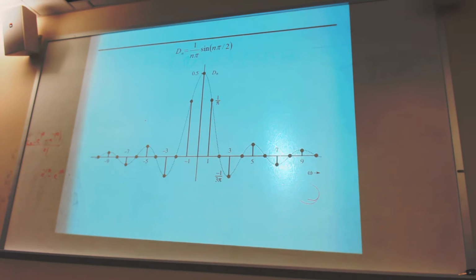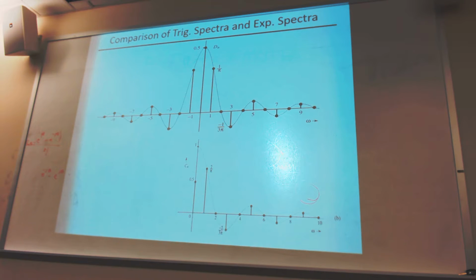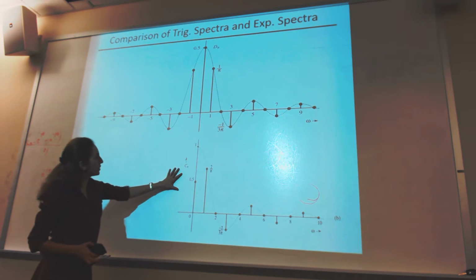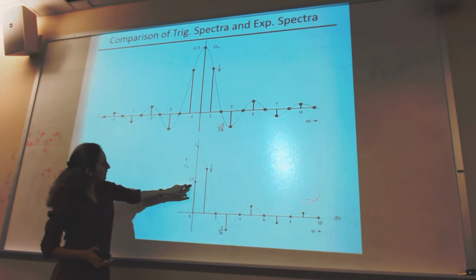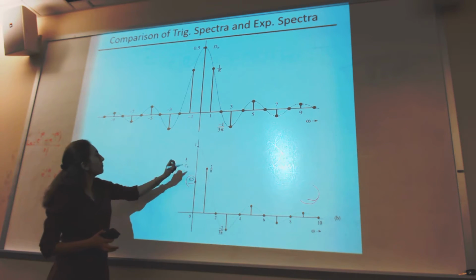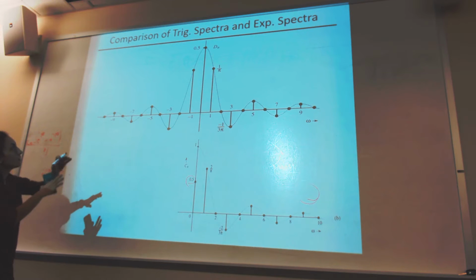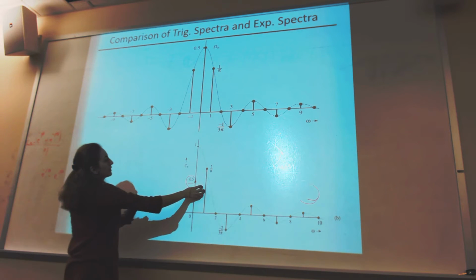So let me see any point here. You see the symmetry here, and the phase is 0. That's all real. Now let's compare it with Cn, what you got from the compact Fourier series. You see the DC value, both of them is the same. For the other ones, this is twice that.